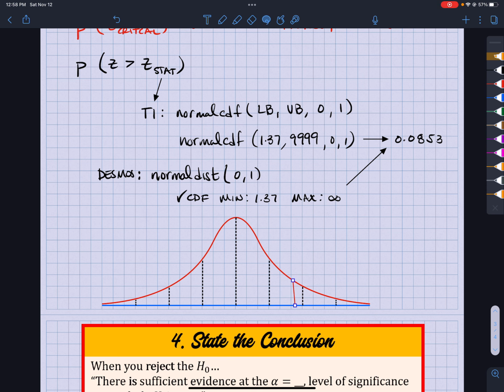And everything in red represents the 0.05, which is alpha. And then this right here, we saw it was over here. This area was 0.0853. So, in other words, the p-value of my stat is greater than the p-value of my critical.